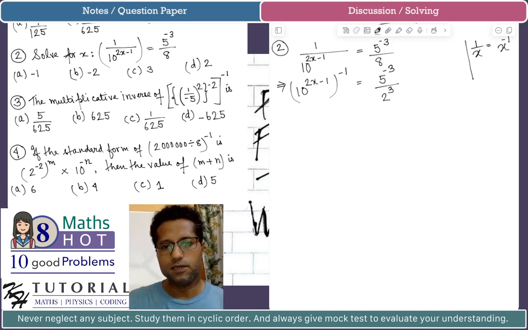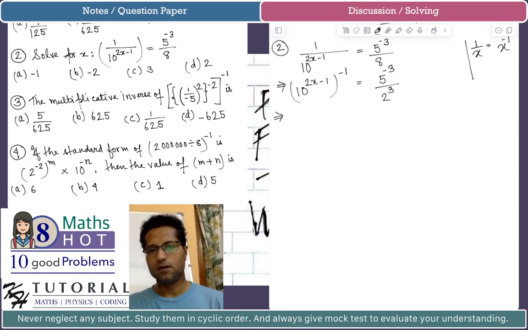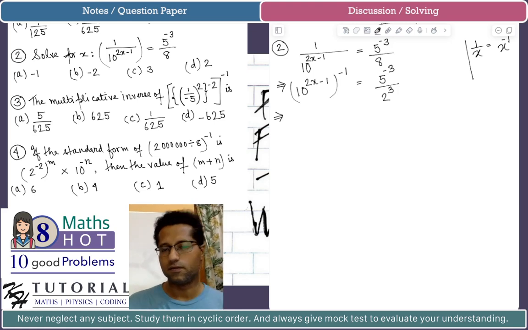Now this implies that we have to make the base same on both sides. On the left hand side the base is 10. On the right hand side we have to somehow create a base 10.